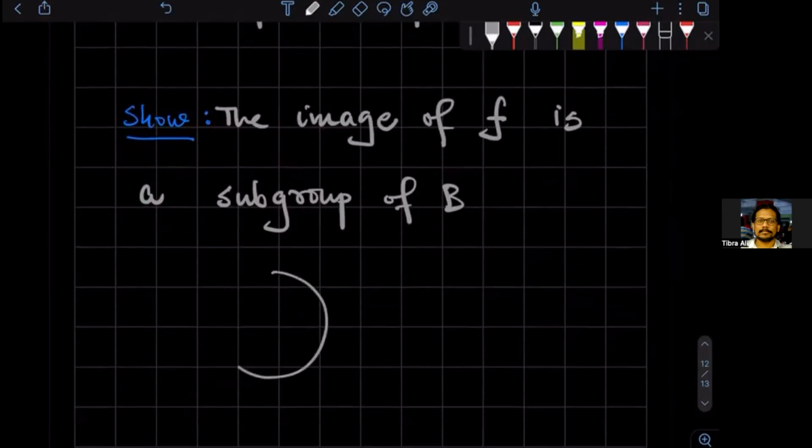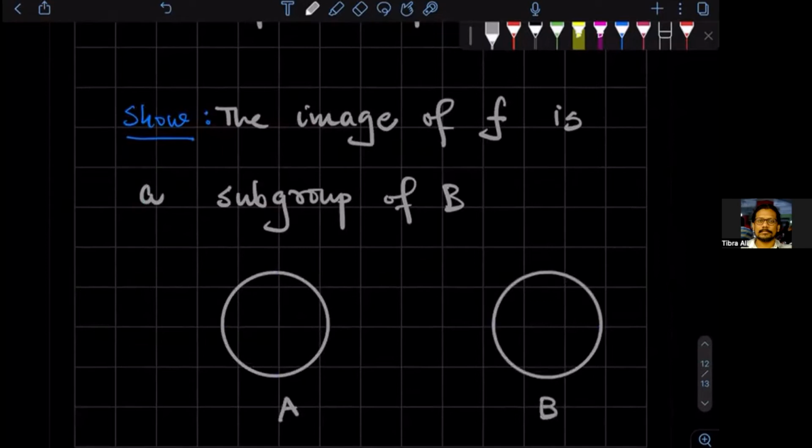So if this is my group A, and this is my group B, and suppose that the group homomorphism is such that it's not onto, it doesn't map you to all of B, it just maps you to a subset of B, okay?